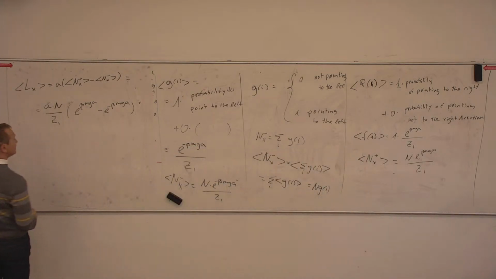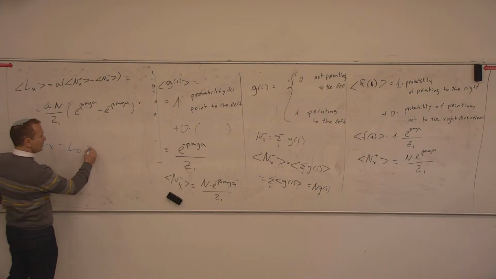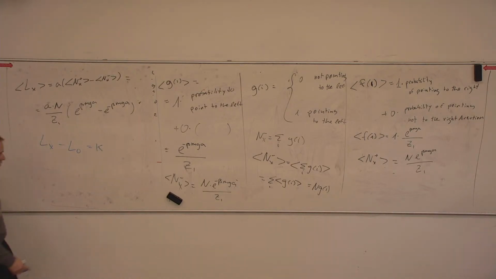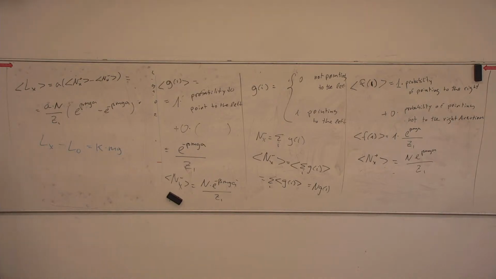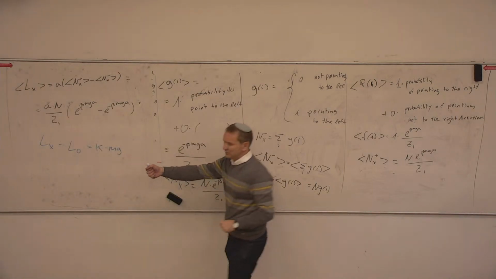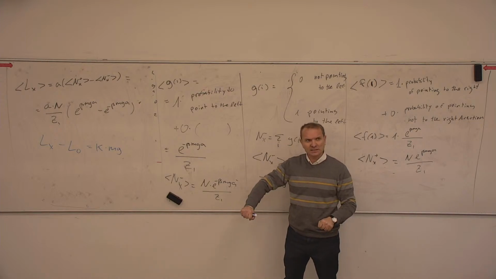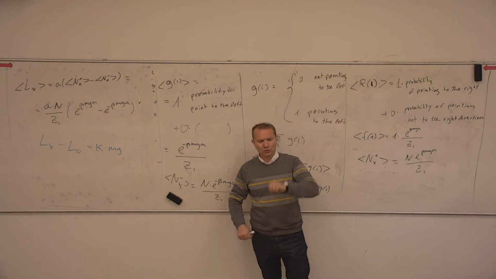Now, we don't have a lot of time. But what was the original question? Remember, I had Lx minus some L0 equals K multiplied by mg. I exert a force of the size mg, and somehow the polymer has an extension, which in general is going to be fluctuating.